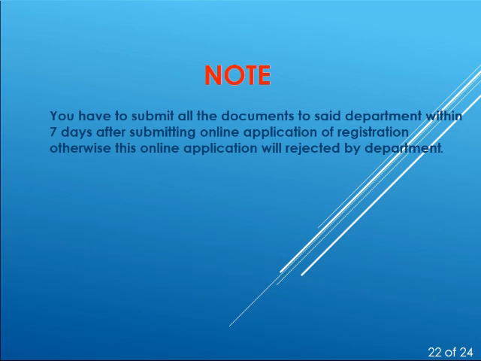Business transaction numbers obtained from government departments or agencies: BIN number, customs IEC code, VAT number, state sales tax, CST number, company index number, that is CIN, and others if applicable, which were issued prior to filling the ST registration application. You have to submit all the documents to the said department within 7 days after submitting the online application of registration. Otherwise, this online application will be rejected by the department.